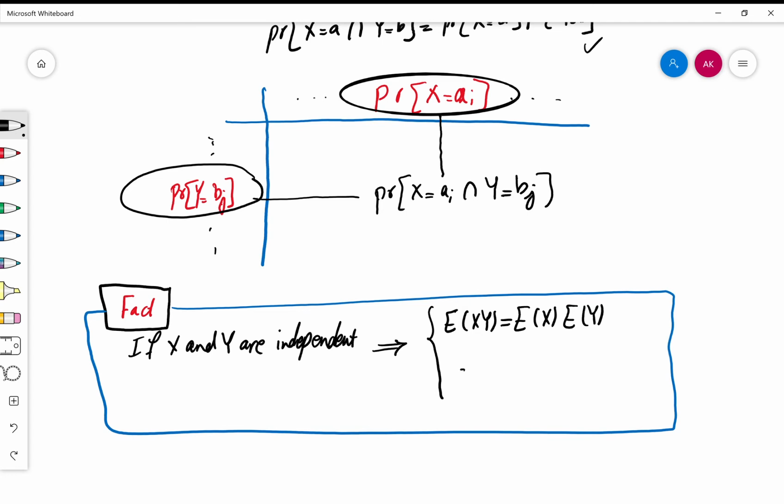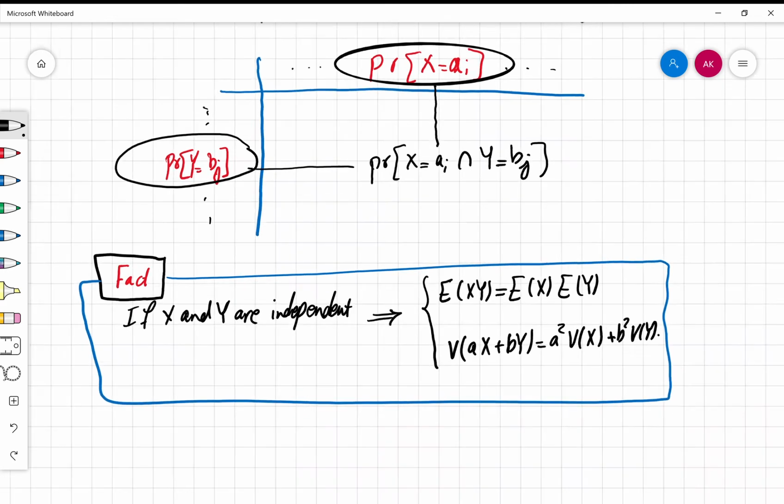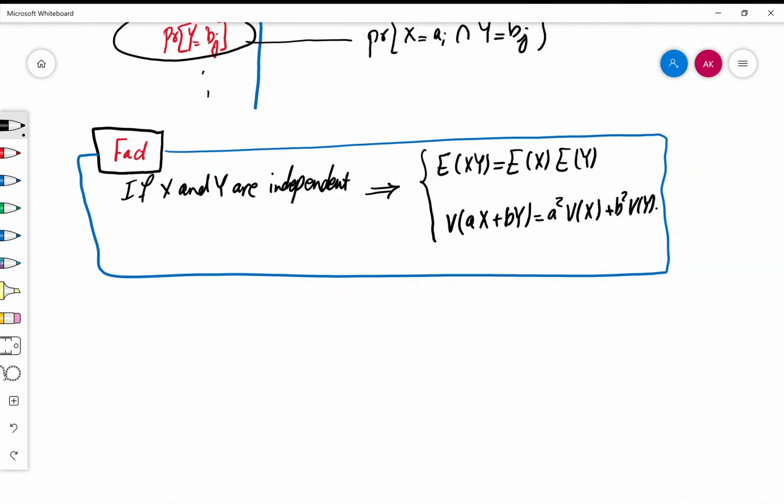And also, for all constants a and b, V(aX + bY) is equal to a squared V(X) plus b squared V(Y). So these are two very good implications of independent random variables.